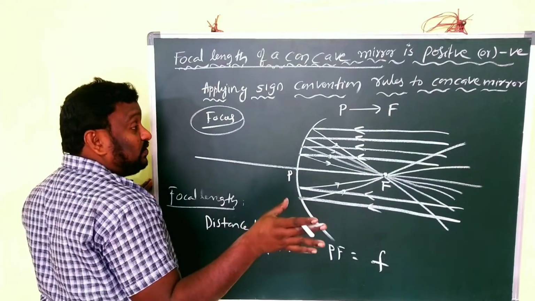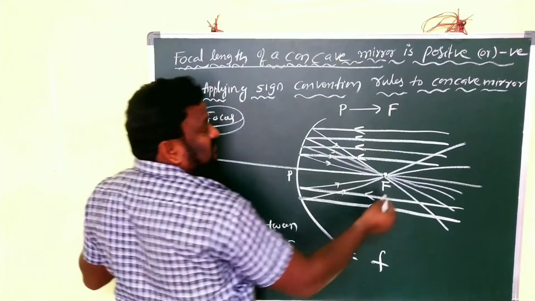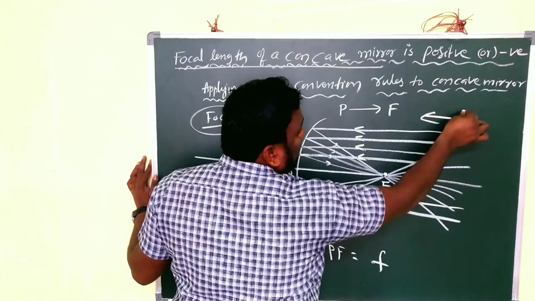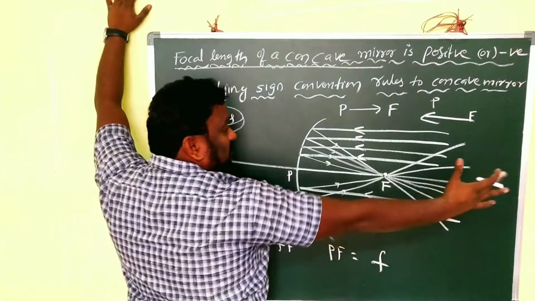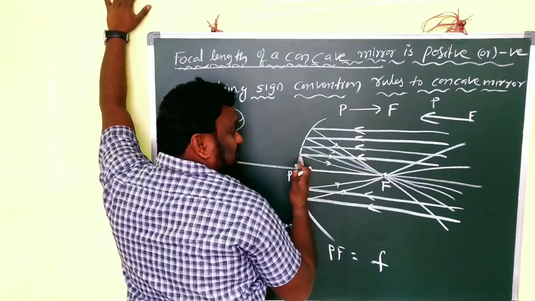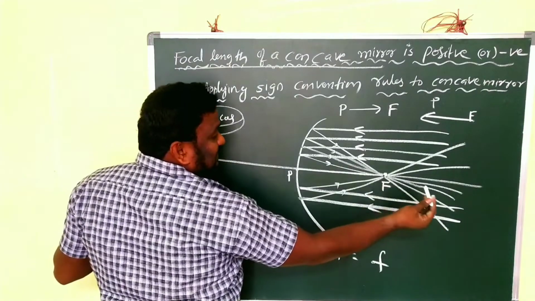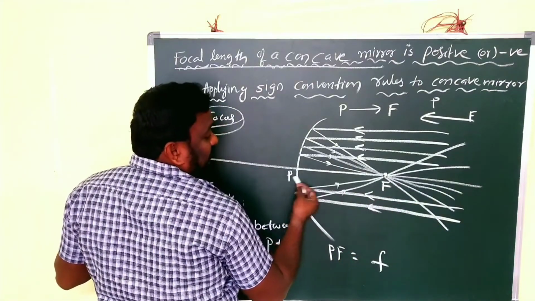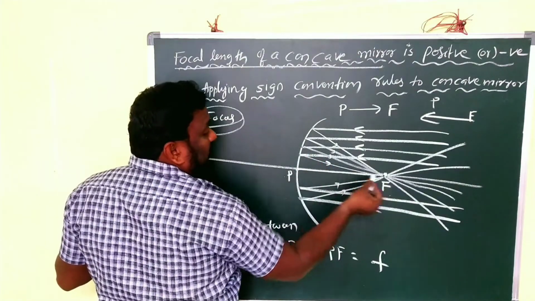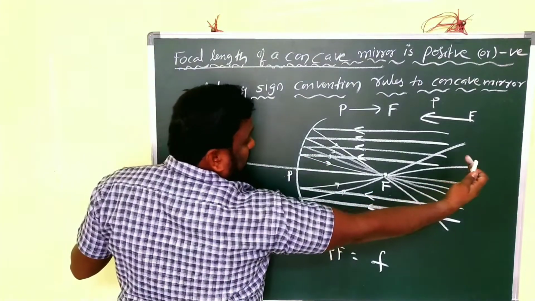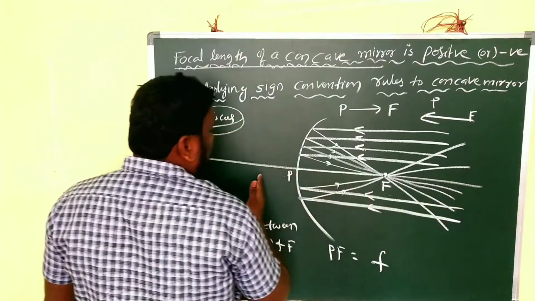You have to observe the direction of movement of the incident light. It is F to P. Light is coming from infinite distance towards the mirror, so the incident light comes from the F to P side, and we are taking the focal length from P to F. Say this is my right side and this is the left side.